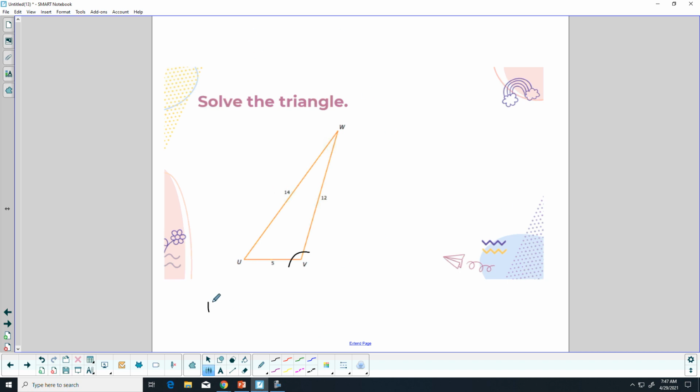So I would have 14 squared equals 5 squared plus 12 squared minus 2 times 5 times 12 cosine V.